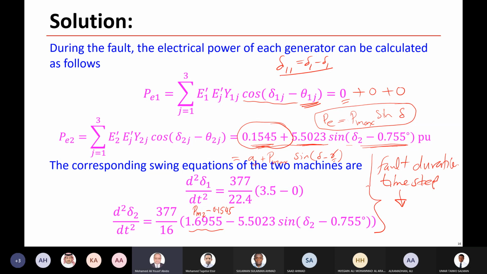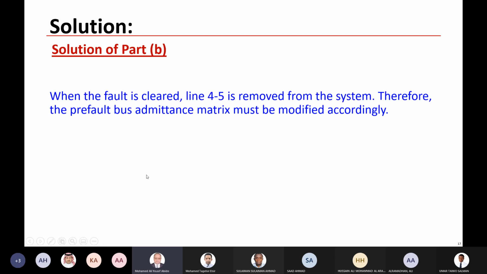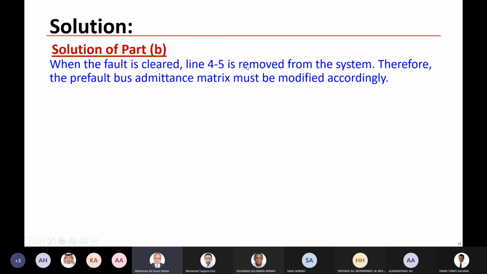We need also to develop the swing equation post-fault, where we trip the faulted line. So we will repeat this again. We will modify the Y-bus matrix of the load flow to remove line 4, 5.